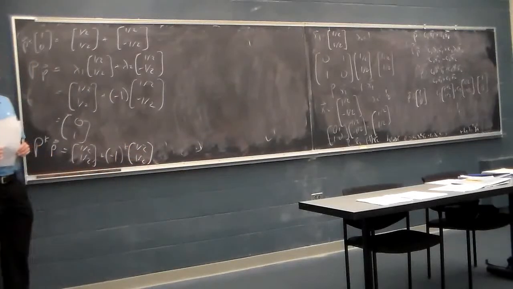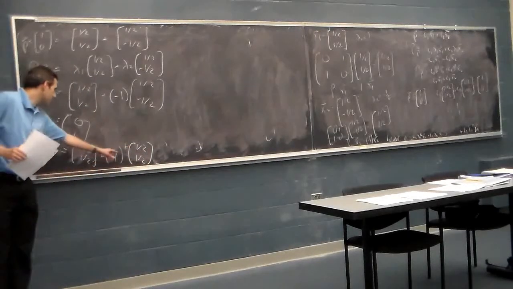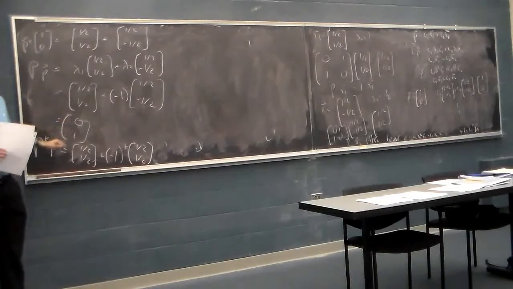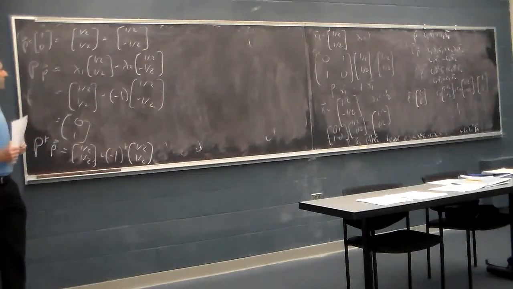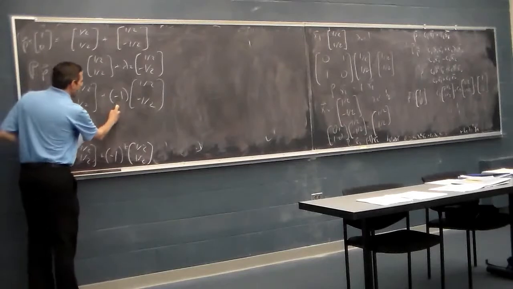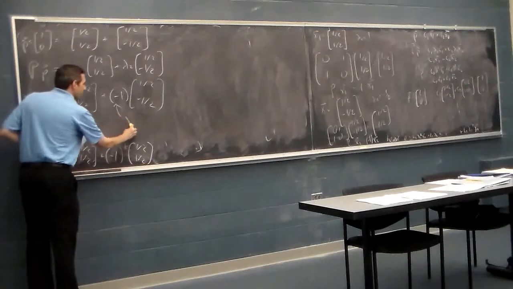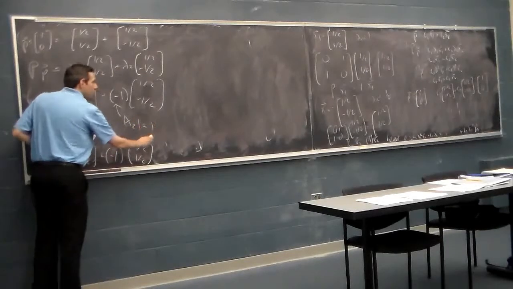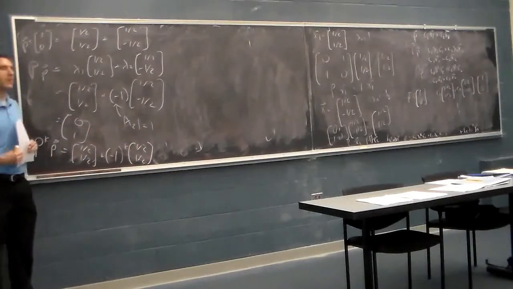And then it should be pretty easy to see that for even k, this is going to get us back to 1, 0. For odd k, it's going to be 0, 1. So that basically is why this model doesn't converge to a stationary state. And really the key for it not converging is that we have an eigenvalue that has absolute value 1 that is not our unique stationary vector.